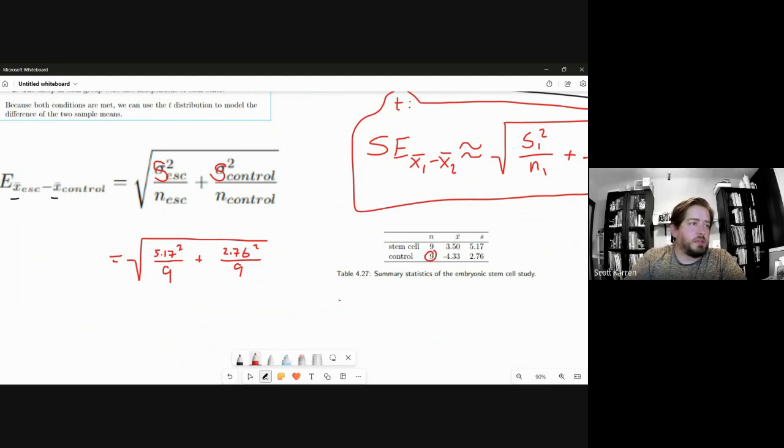This ends up being somewhere around 6 squared over 9. And again, throw these things in the calculator, make sure that you can do this. This ends up being 1.953. I'm going to just round it to 1.95.